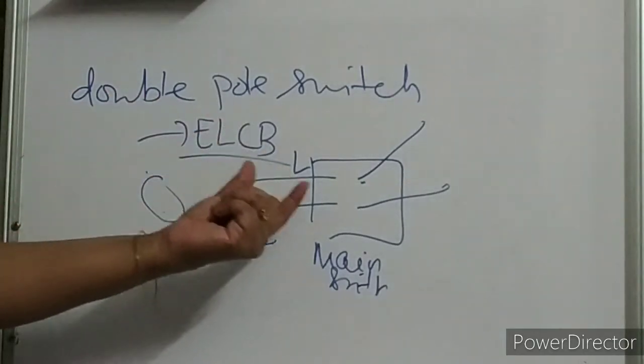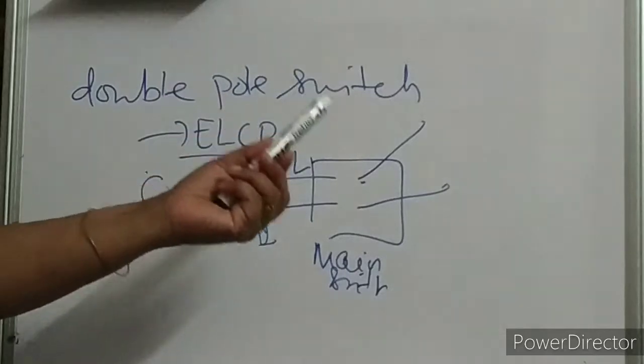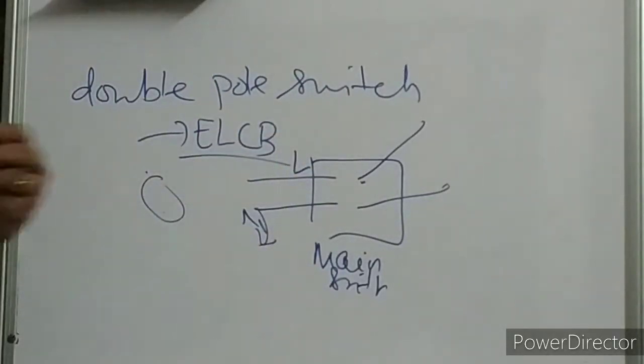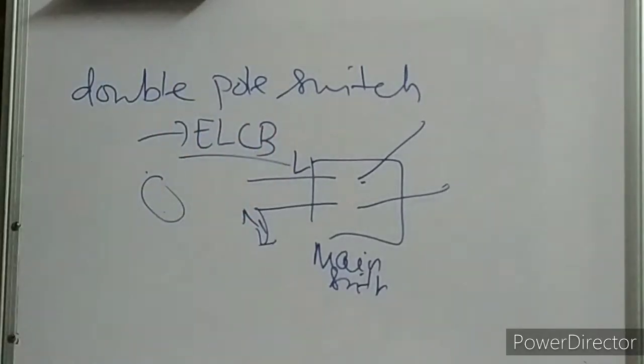If it is not separated over here, because you know neutral wire carries 0 volt, if by mistake you touch this neutral wire, then an accident will happen. You are going to get a shock, or maybe a person will die also, children. So for that reason, this double pole switch, or you can say ELCB, has both neutral and live wires connected. Okay?